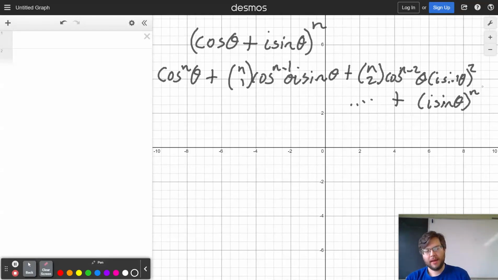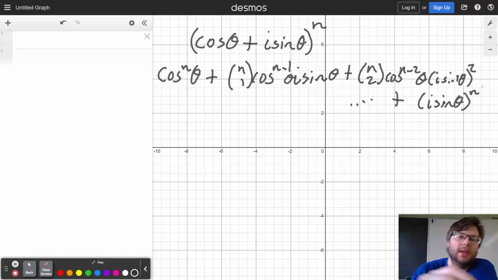You're going to have alternating powers: every other term will be real and imaginary, real, imaginary, real, imaginary. Because when you raise i to an even number, it becomes real, and when you raise i to an odd number, it's still there in the answer.